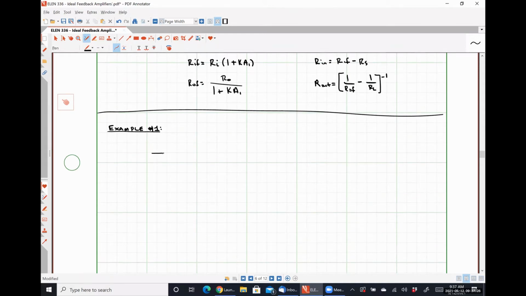Wherein we have the following transistor amplifier. So here's R1.